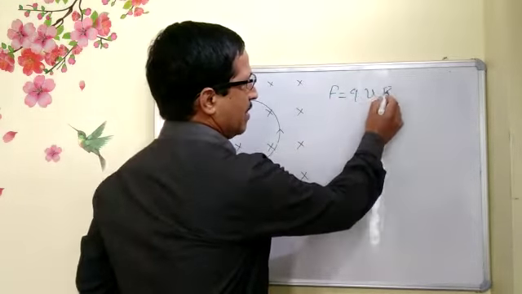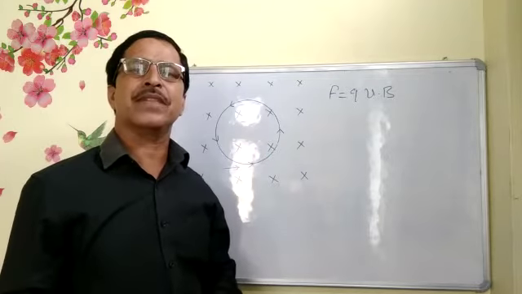Since theta is 90 degrees, sine theta is 1. Therefore, F is equal to Q into V into B will be the amount of force this charge will experience.